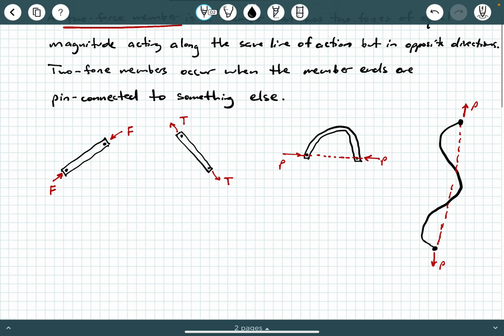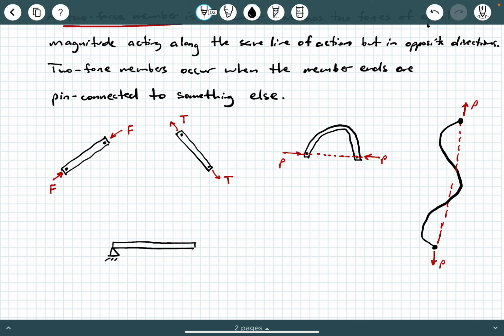So, for example, if we have a beam here, and let's say that it's pin connected at A over here, and it has a little weightless link or cable at B, and then an external hinge at C. Well, guess what? This member BC, that's a 2 force member, okay? Notice that it's pin connected at its ends, okay?